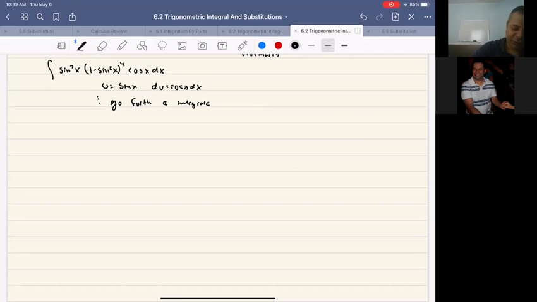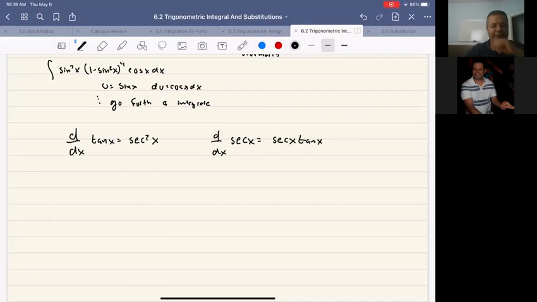So what we're going to remember is that the derivative of tangent of x is secant squared of x, and the derivative of secant of x is secant of x tangent of x.